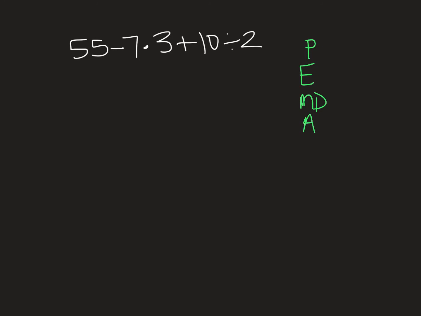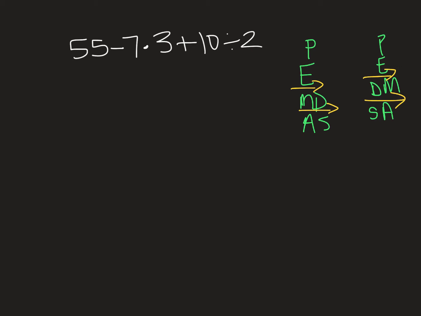So I'm going to go ahead and write it out. And I'm also going to write it the other way, just to remind me that multiply and divide and subtract and add need to go in order from left to right. And we're actually going to talk about that in this problem. Okay, let's take a look and see what we have in our problem.